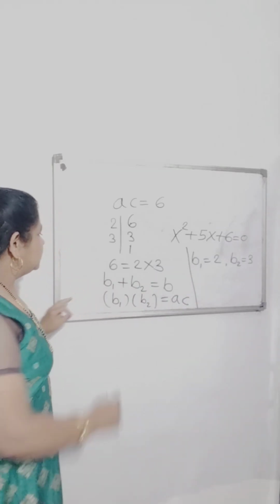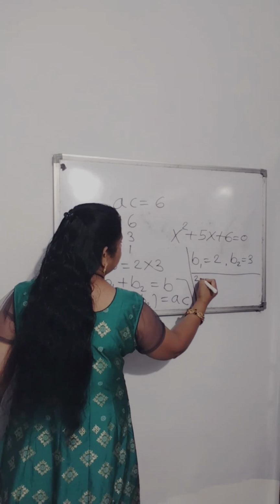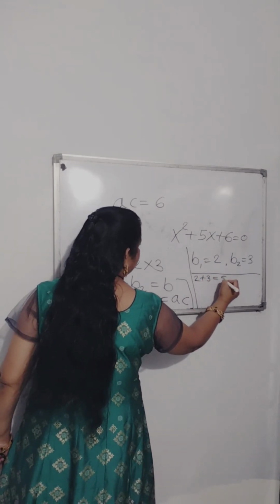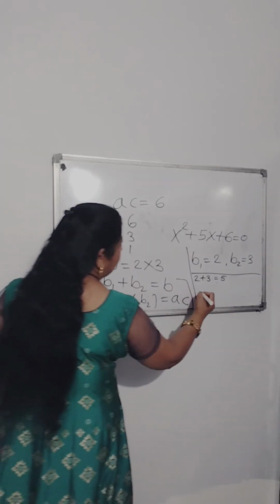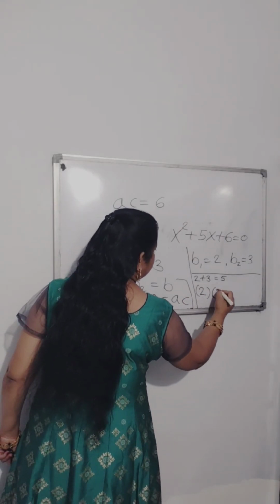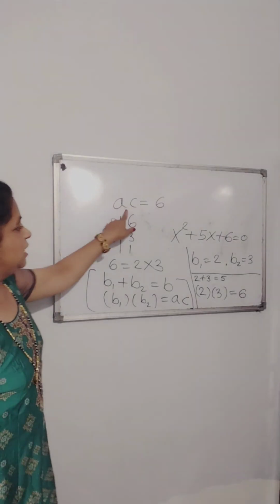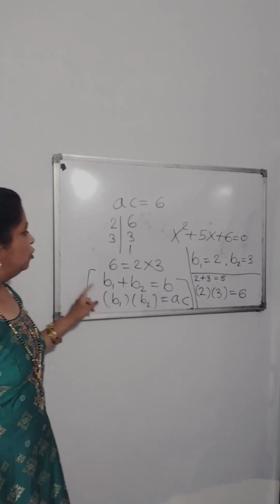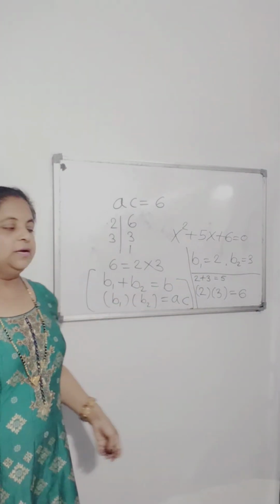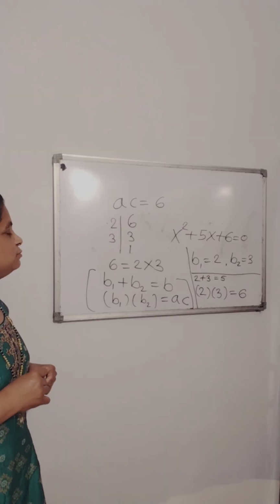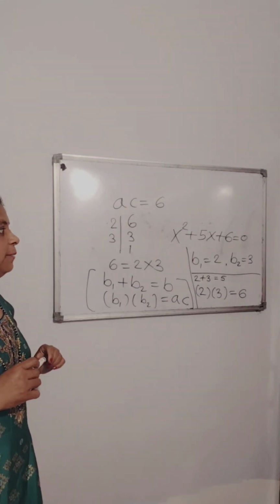Then it satisfies these two conditions: b1 plus b2, 2 plus 3, is equal to 5, and b1 multiplied by b2, 2 multiplied by 3, is equal to ac, that is 6. Hence we put b1 equal to 2 and b2 equal to 3. In this way we split the middle term.